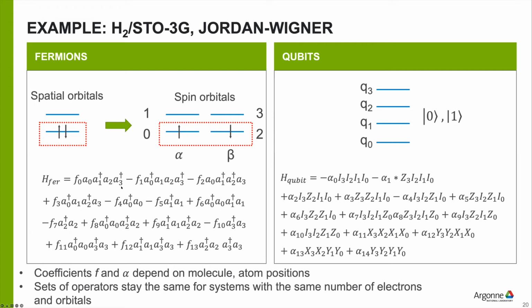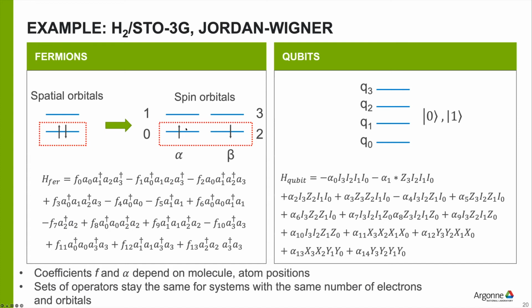So this first term represents the double excitation, where this electron goes from 0 to 1 and this electron goes from 2 to 3. Just keep in mind that in quantum chemistry you're mostly looking at spatial orbitals that can have two electrons, alpha and beta, on them.